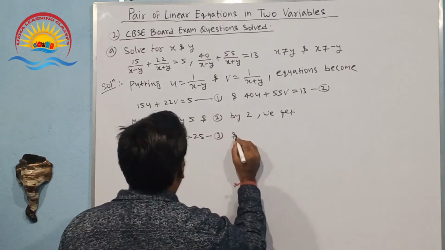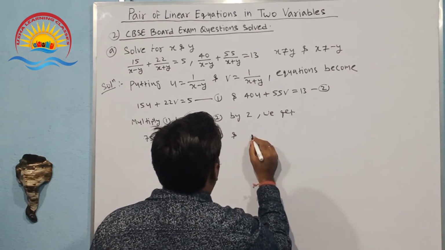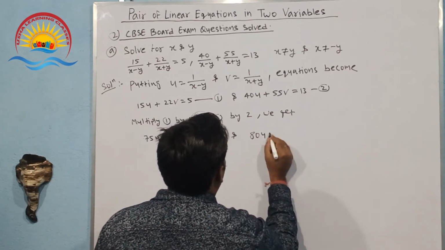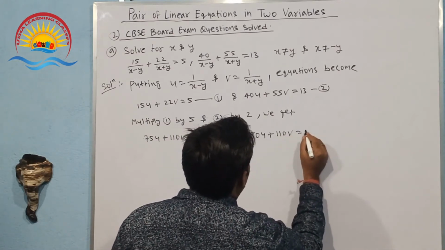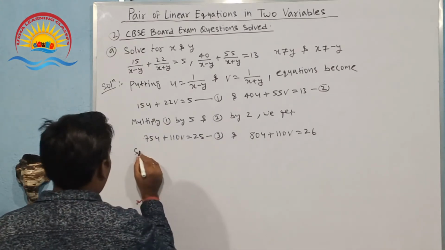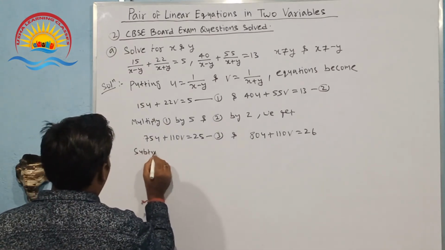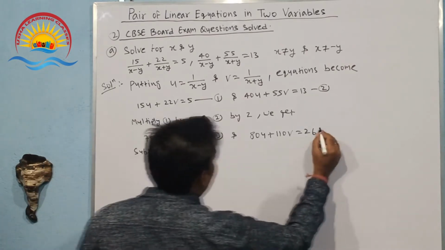and 80u plus 110v equal to 26. This is equation 4.